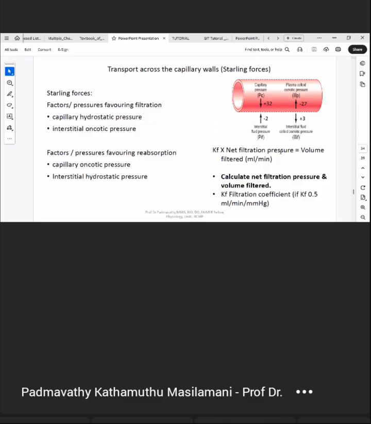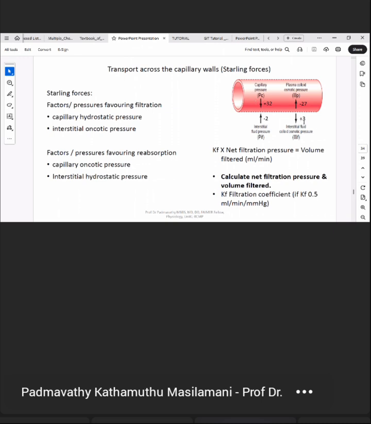Are you all with me? Yes. So it is plus 4 or minus 4? Because plus is more, right? Please be interactive. So that means your filtration is more, right? So your filtration is more.